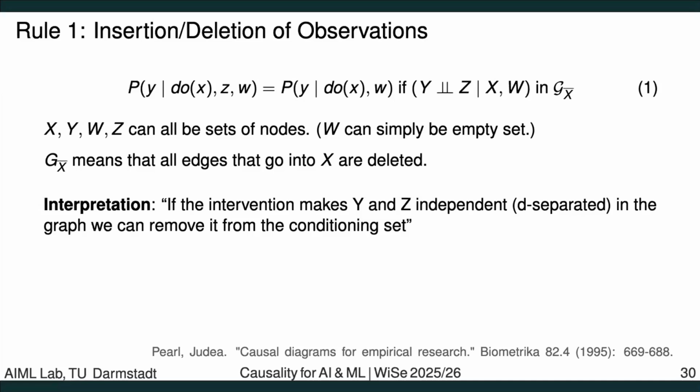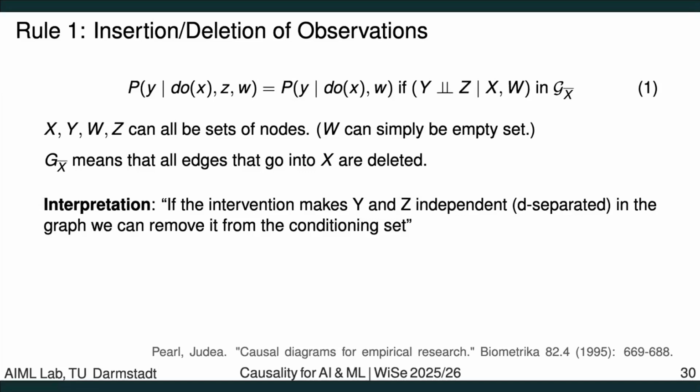And additionally, W, and sometimes also other sets, can be empty sets. So when we have cases, for example, where we don't need to adjust for things, here it's a bit tricky, for example, because we want to have an independence between Y and some sort of variable.